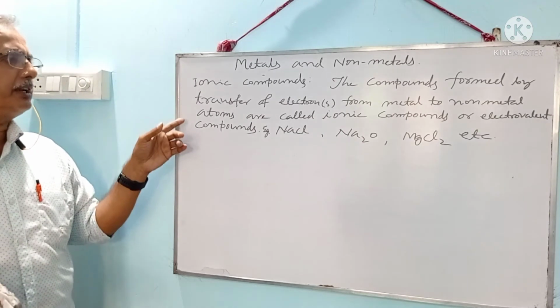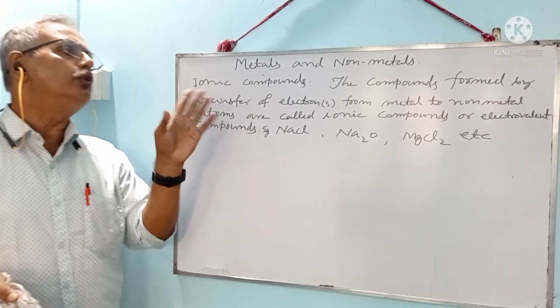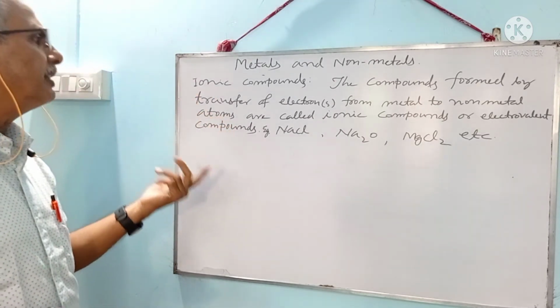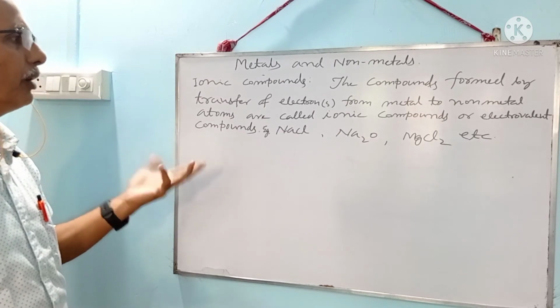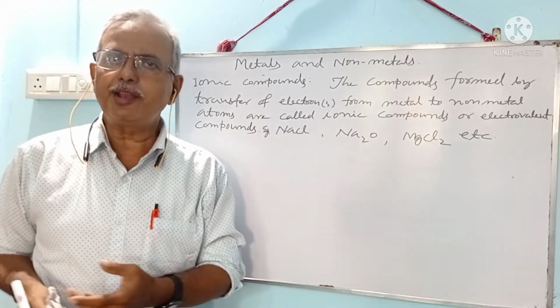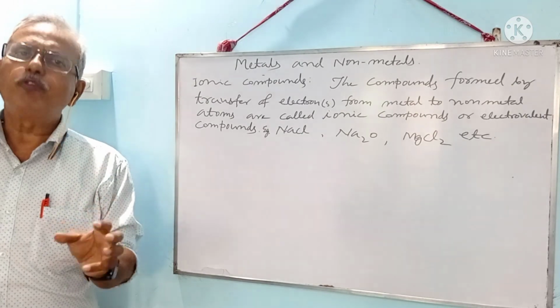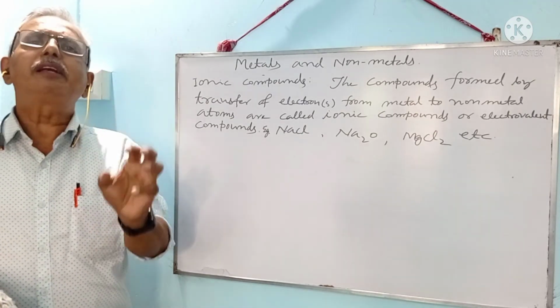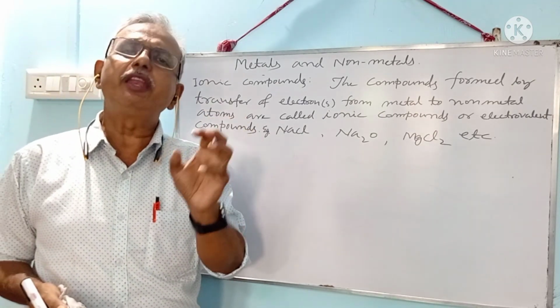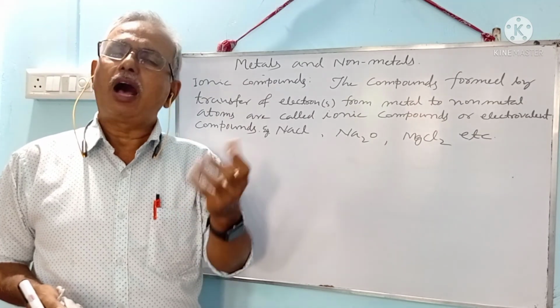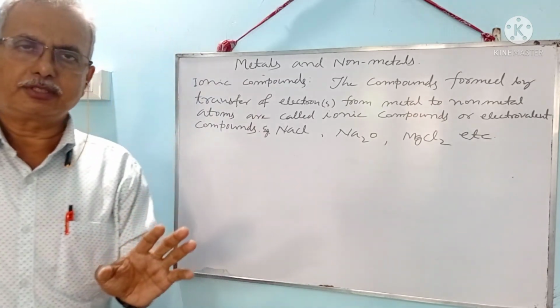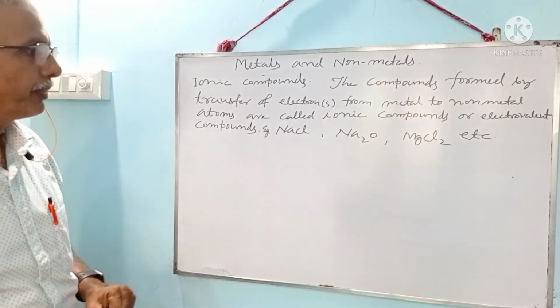I have written the definition given in your book, but another definition may also be there. The compounds formed by combination of positive and negative ions are called ionic compounds. That is also a very good definition.